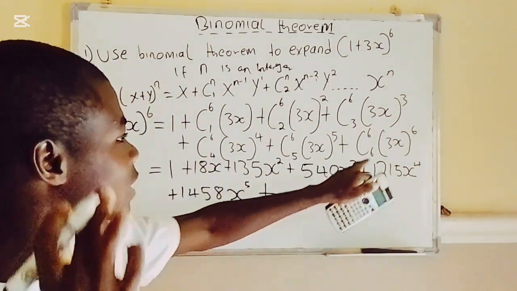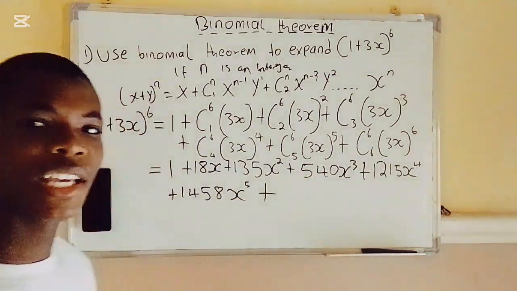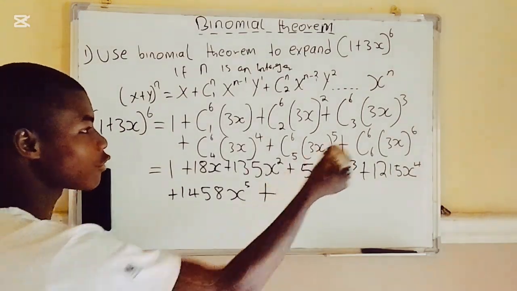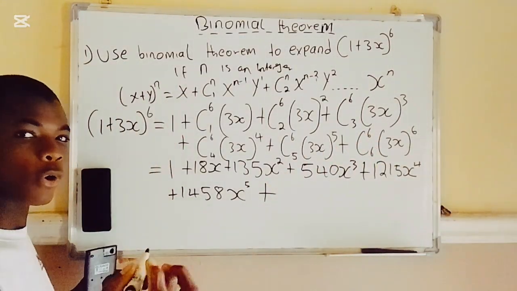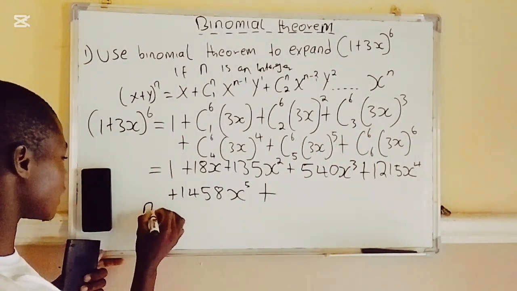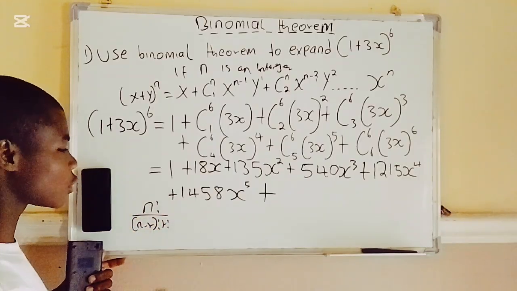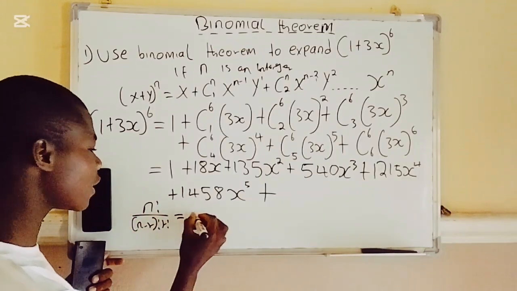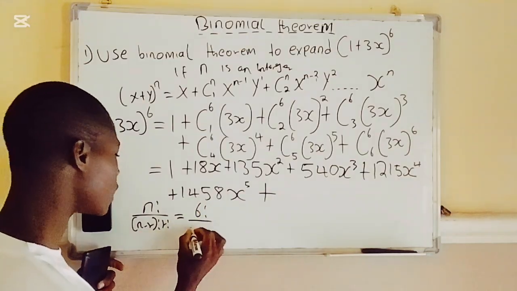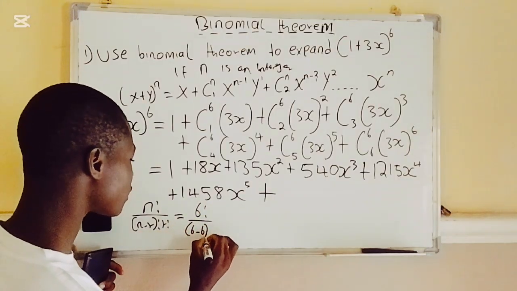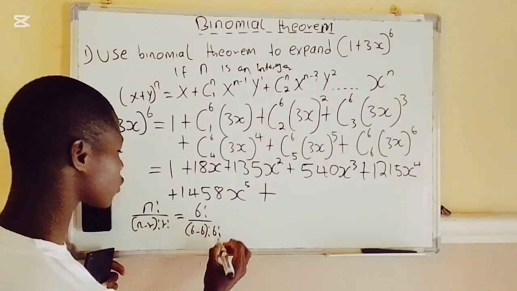If I say 6 combination 6, it will give me 1. But let's check 6 combination 6. Suppose the formula says n factorial divided by n minus r factorial into r factorial. It will be equal to 6 factorial divided by 6 minus 6 factorial into 6 factorial.